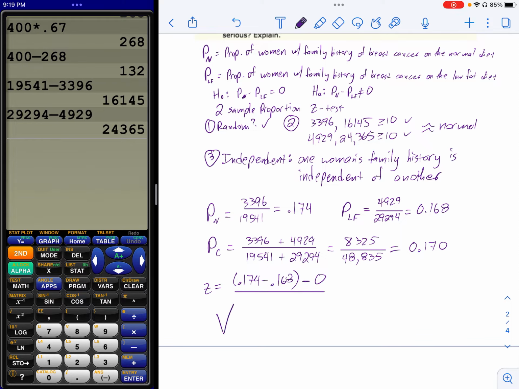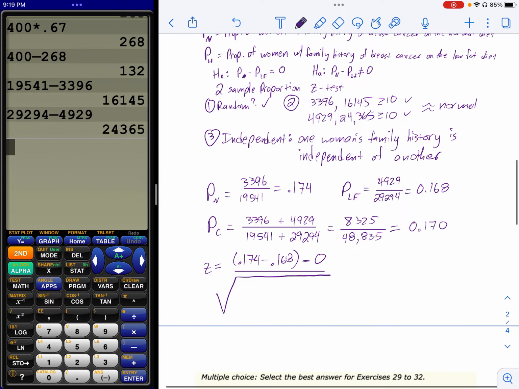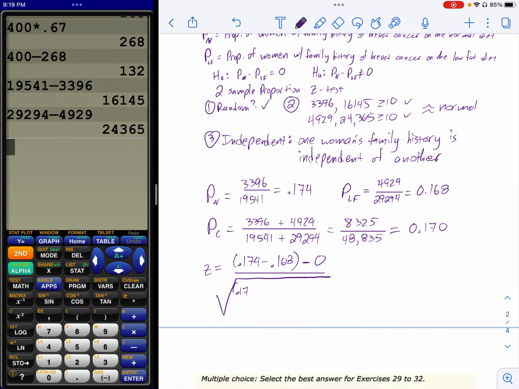And then the denominator is the crazy massive standard deviation thing. But you're going to use 0.17 and 0.83 because that's 1 minus 0.17 for both of these. And the sample sizes of each. So this would be the normal diet. This one that I'm writing now would be the low-fat diet.